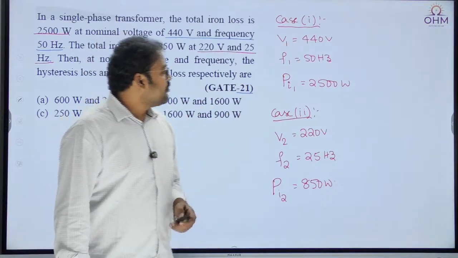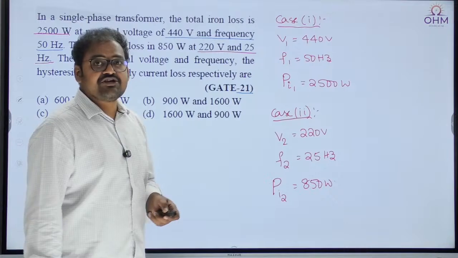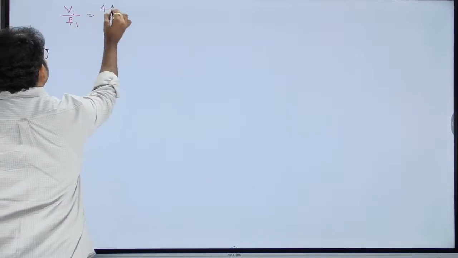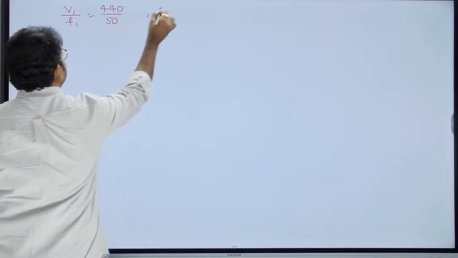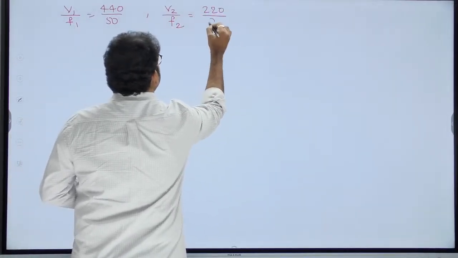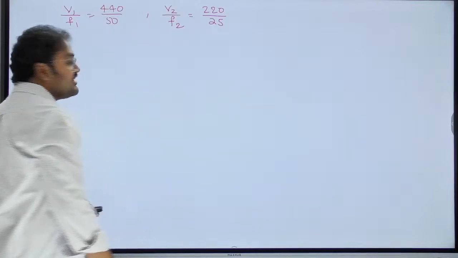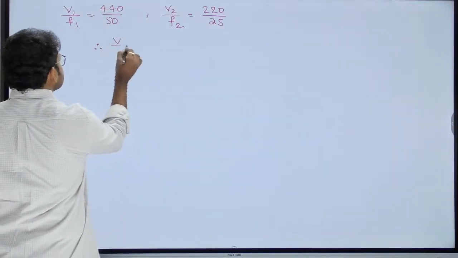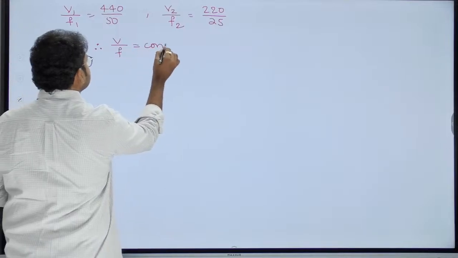So first let us check whether V by F ratio is constant or variable. You can understand V1 by F1, 440 by 50, V2 by F2, this is 220 by 25. So what is the opinion? V by F ratio constant or variable? Yes, therefore V by F ratio is a constant value.